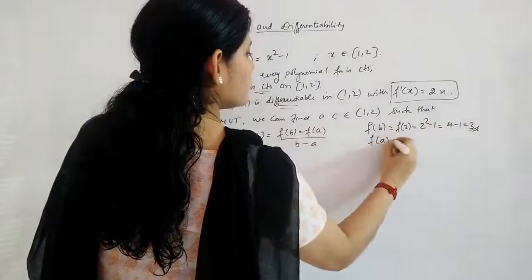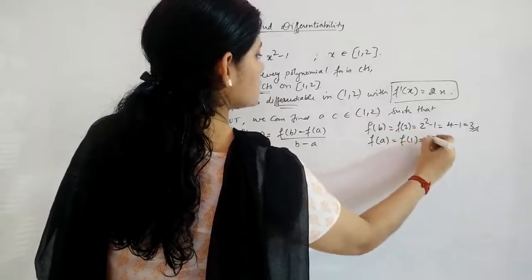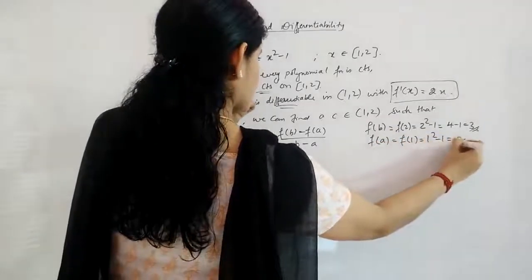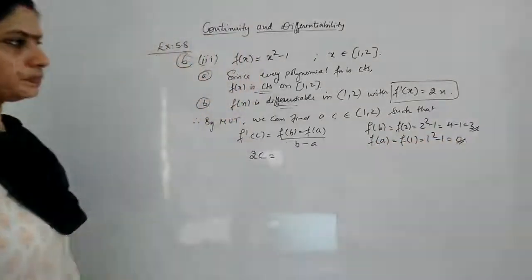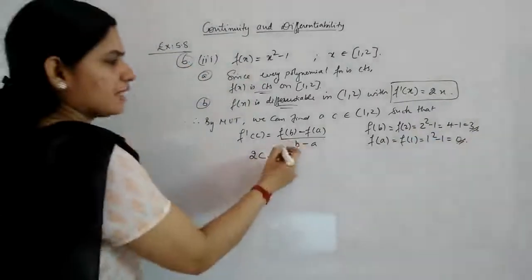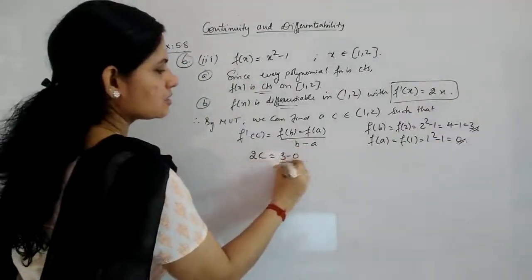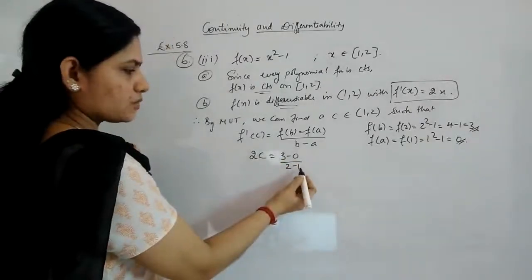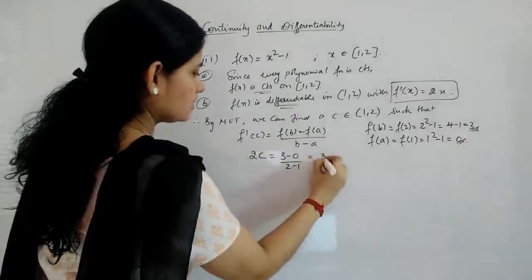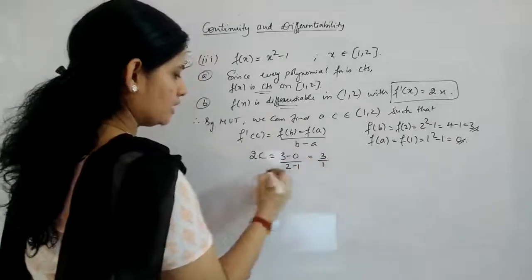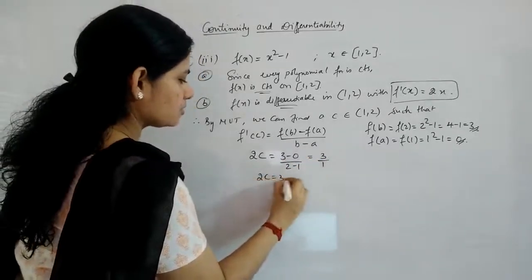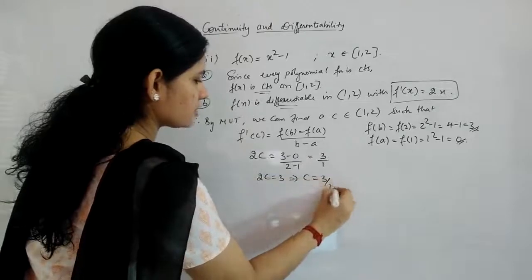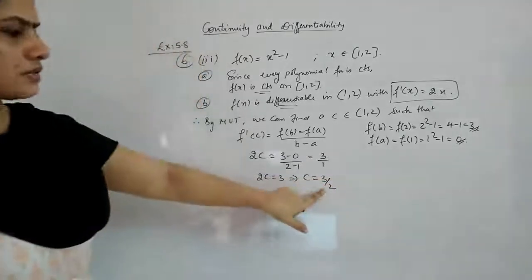And f of a is f of 1, which is 1 square minus 1, which is 0. Now replace the values, you will get 3 minus 0 divided by 2 minus 1, b is 2, a is 1. So you are getting 3 by 1. So 2c is equal to 3, or c is equal to 3 by 2, which is 1.5.